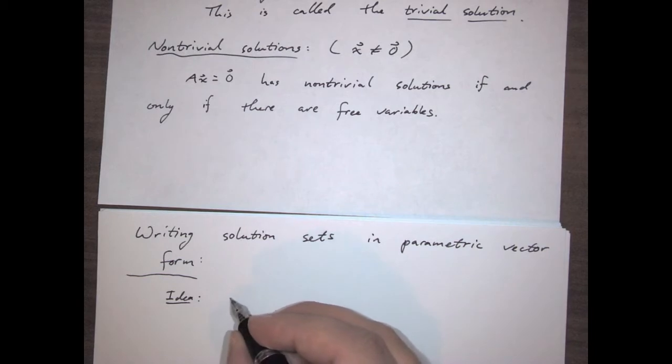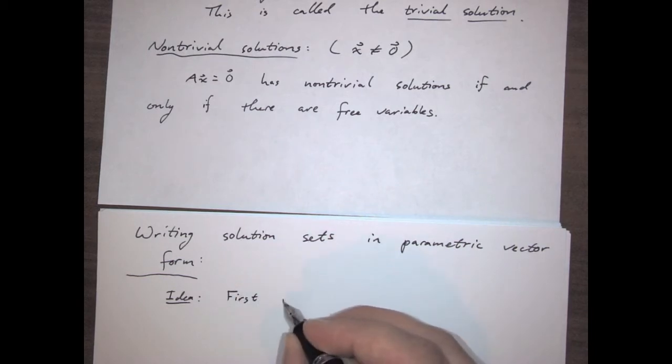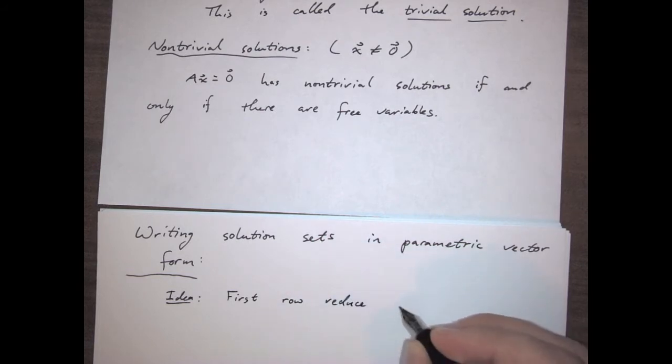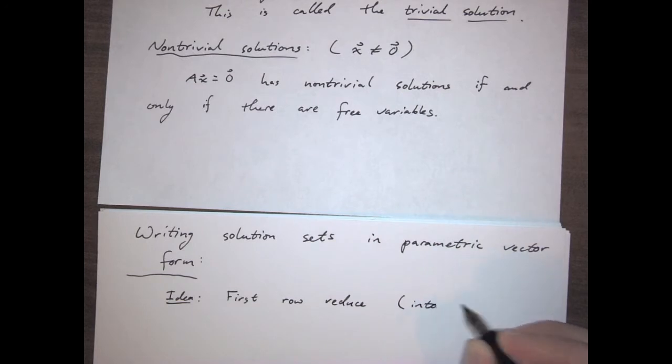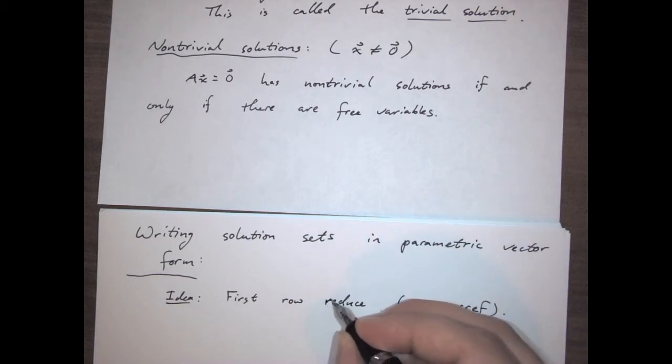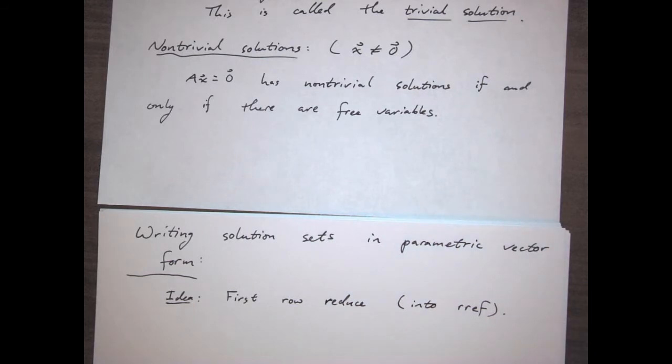So the idea is first row reduce. In particular, row reduce as much as you can, say into reduced row echelon form or reduced echelon form.